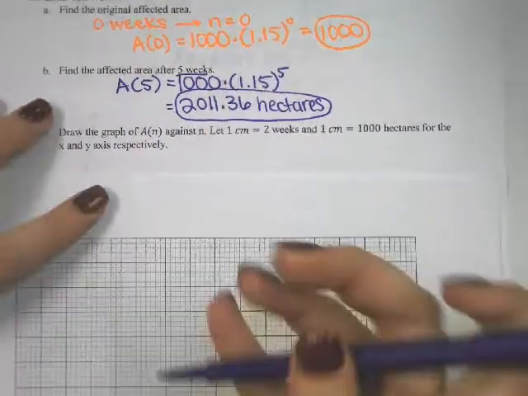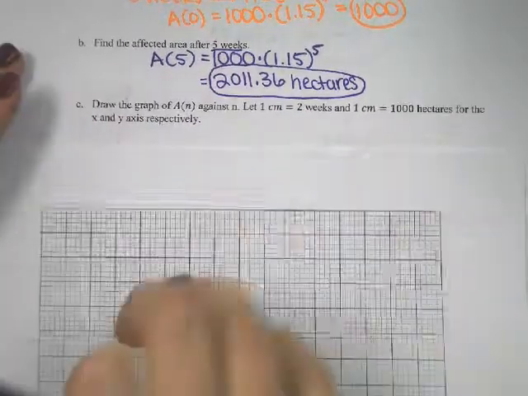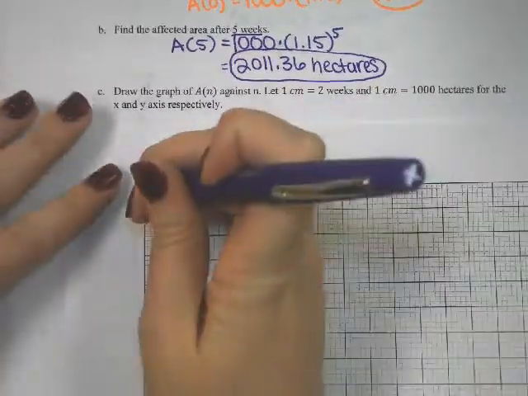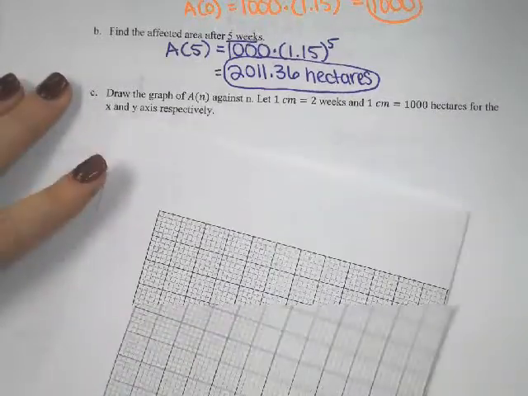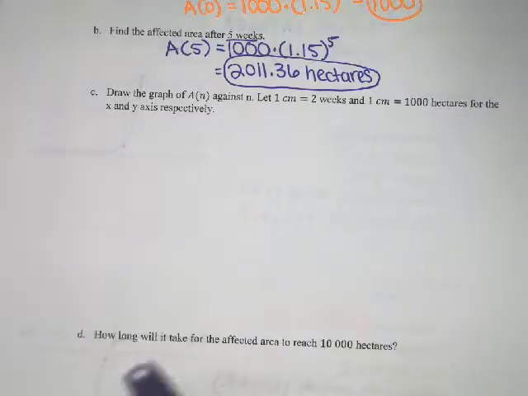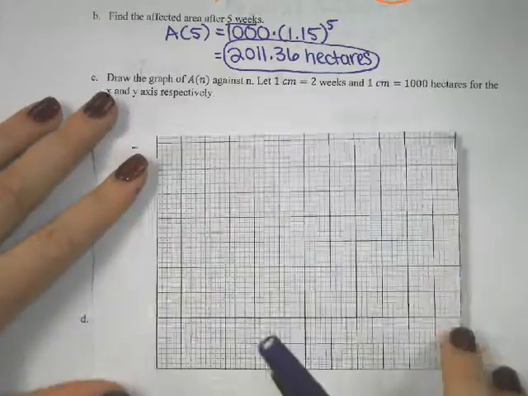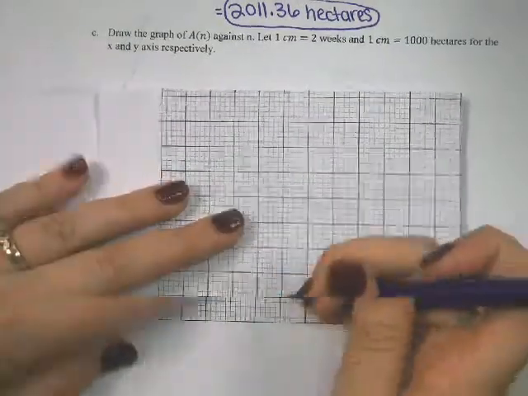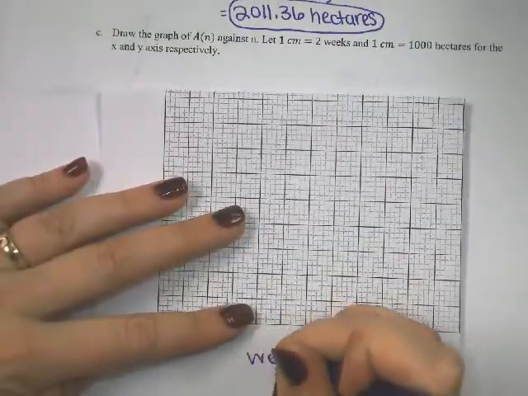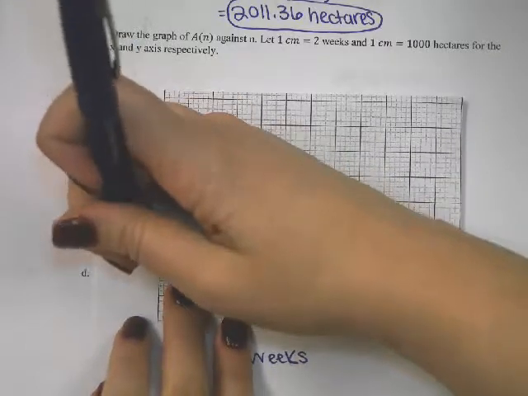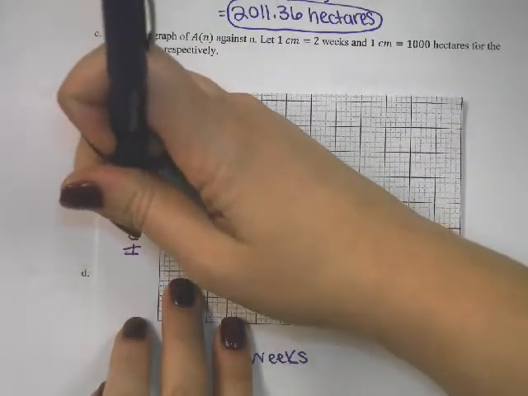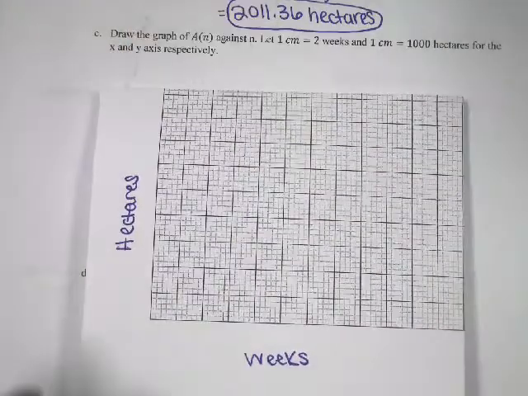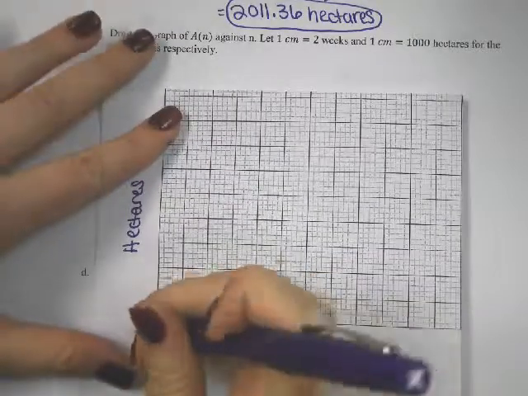So whenever I scale this, I'm going to come over here. Actually, let's fold it up a little bit, you can see. My x-axis will be my weeks, my y-axis will be my hectares, like this. Probably want to start with 0 weeks.